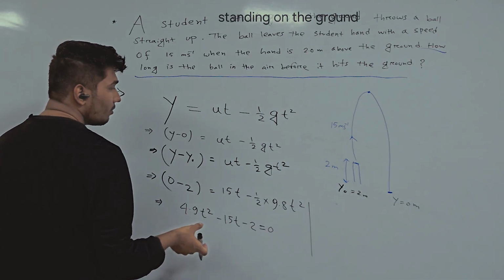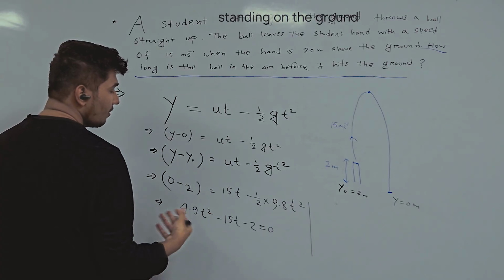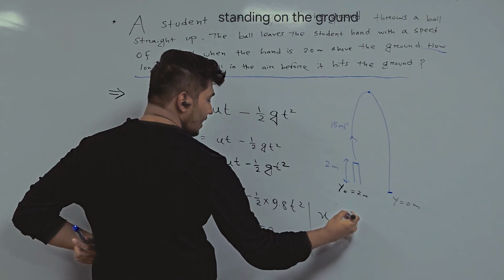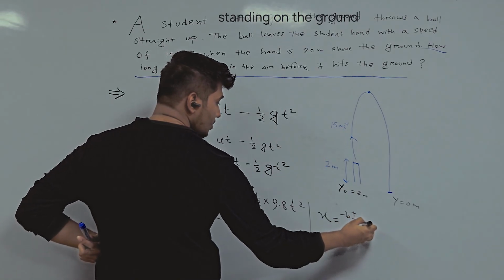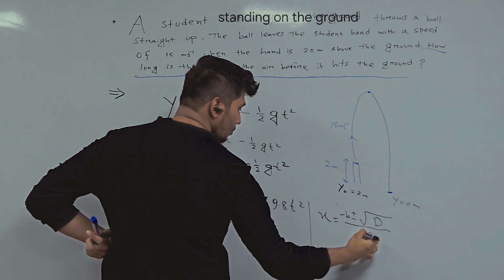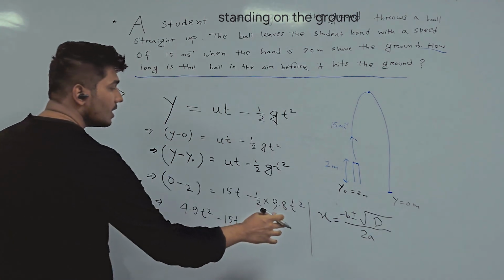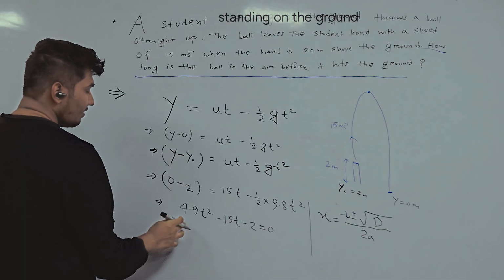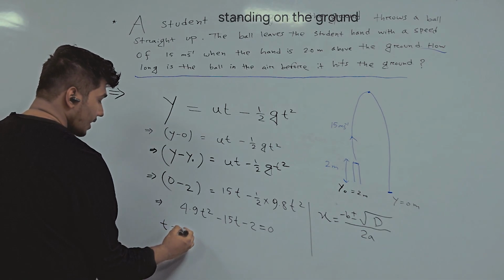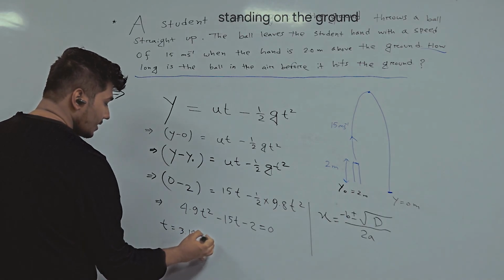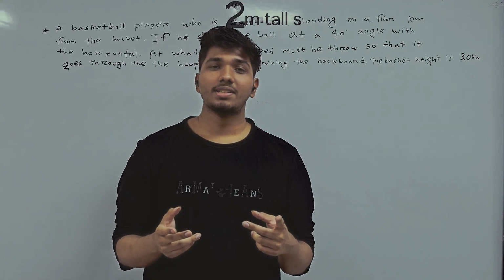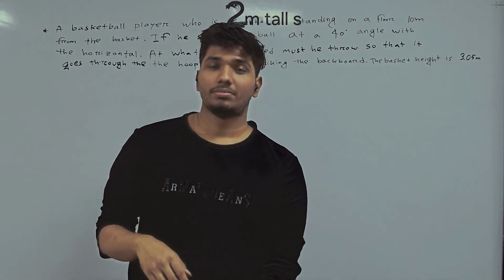We all know the formula for solving a quadratic equation, which is x equal to negative b plus minus root over the determinant, divided by 2a. Using this formula, we can determine the value of t, which I calculated on my calculator, and it comes to 3.18 seconds.